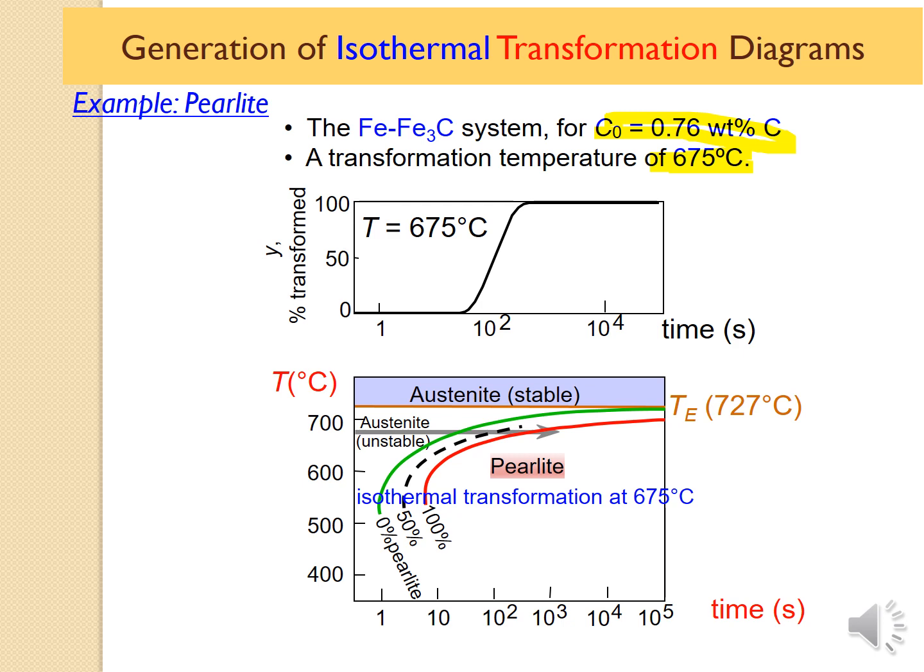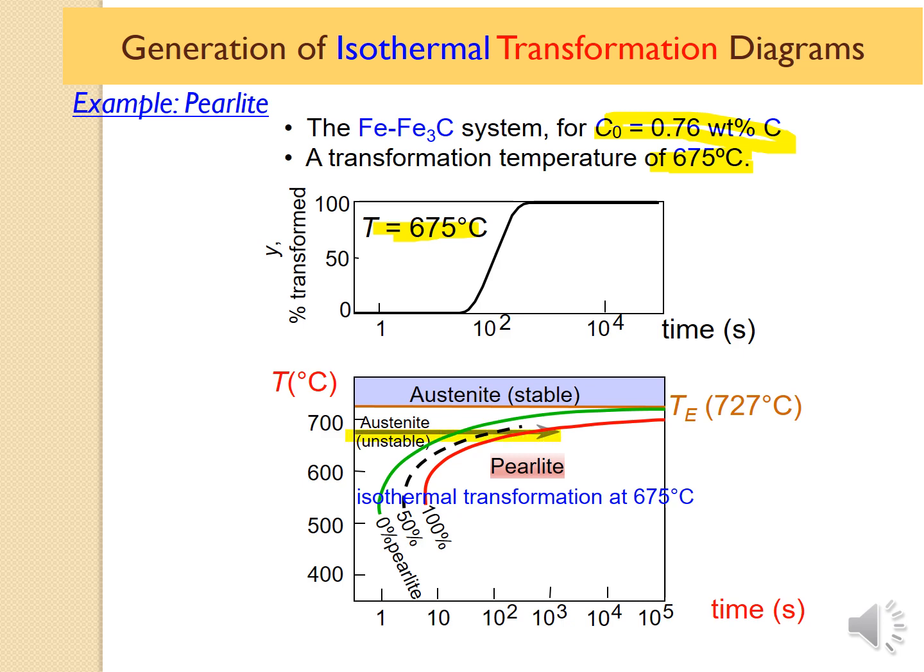Then, very important, we hold at this temperature. The measurement is for a certain constant temperature, taken at this specific temperature. Again, in this example, we have 675 degrees Celsius, and on your TTT diagram, here is 675 degrees Celsius.